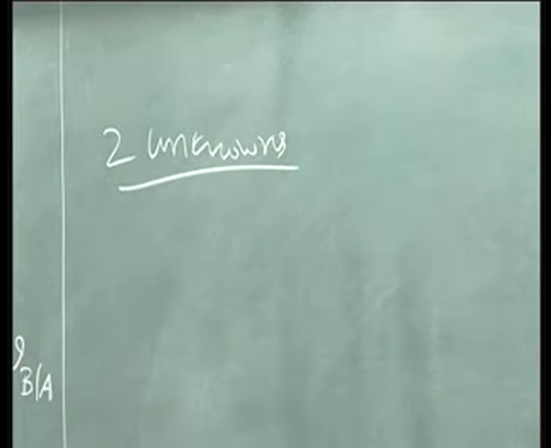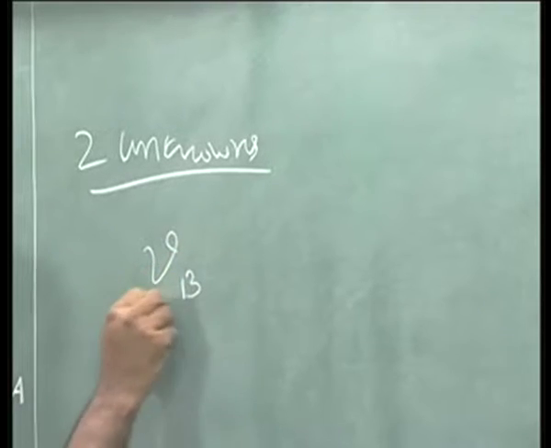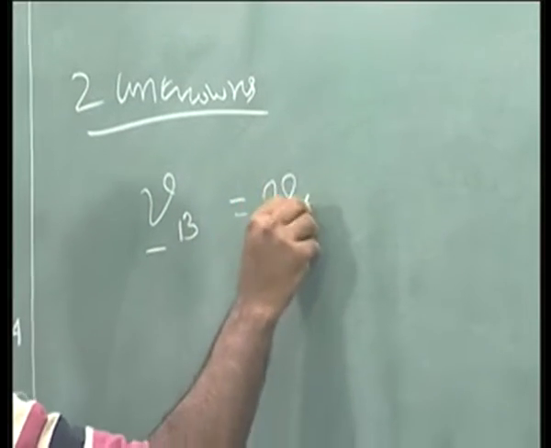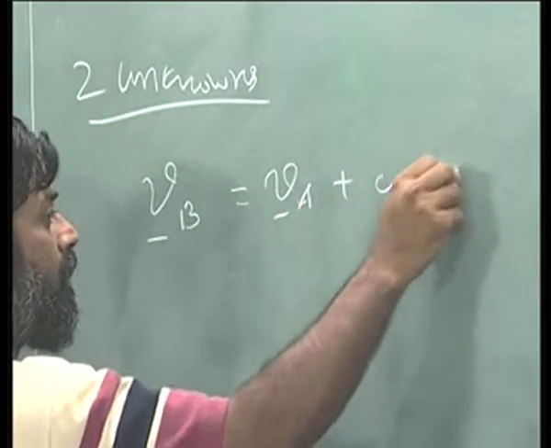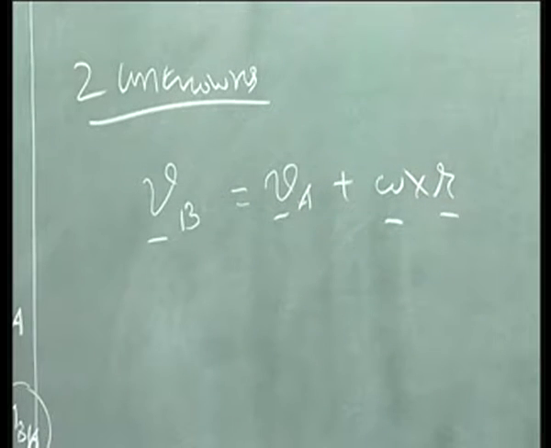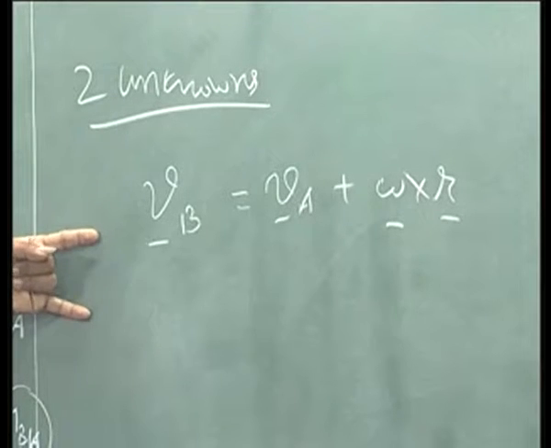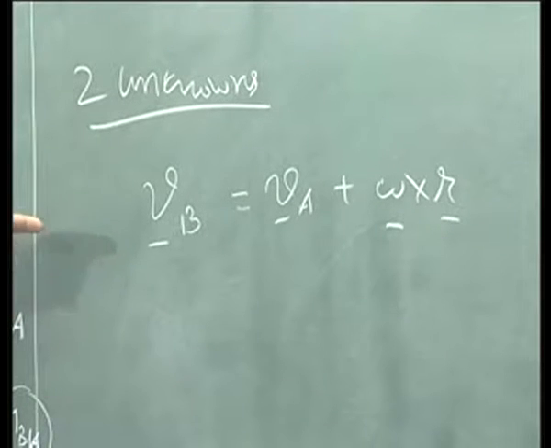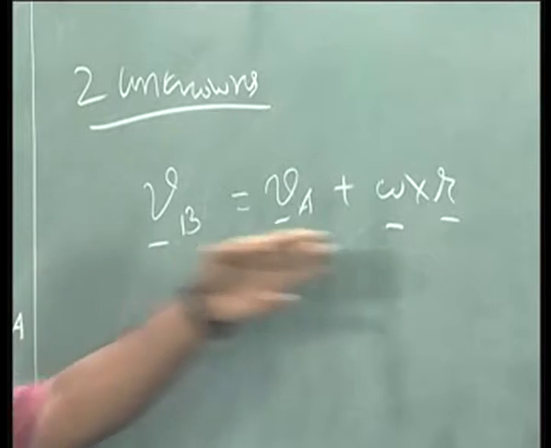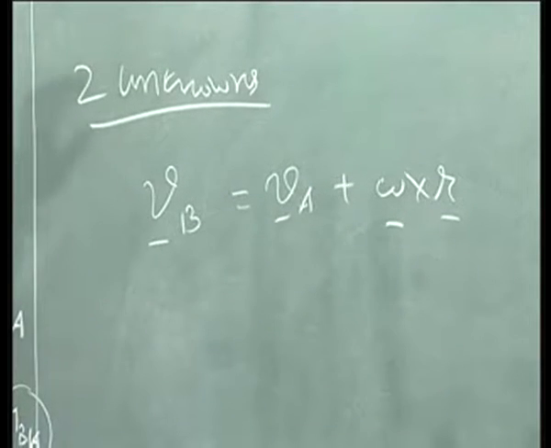How many equations do I have here? I have something like this, Vb equals Va plus omega cross r. How many equations? Remember, I can form two equations from this, one with respect to capital X direction, the other with respect to capital Y direction.